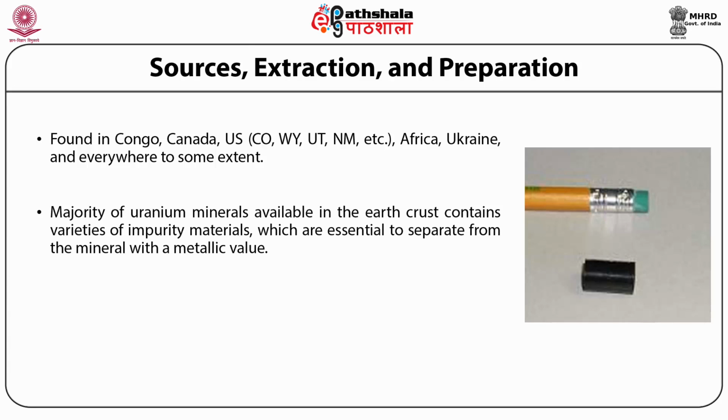The majority of uranium minerals available in the earth's crust contain varieties of impurity materials which are essential to separate from the mineral with a metallic value. Hence, the uranium extraction technique includes a mineral beneficiation process of removing gangue impurity particles to enhance the metal value of the uranium mineral.